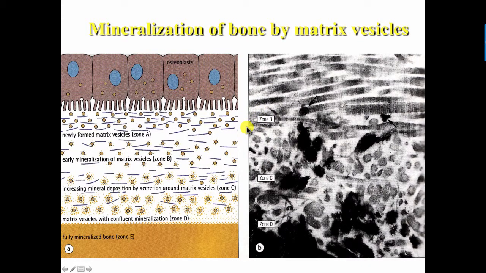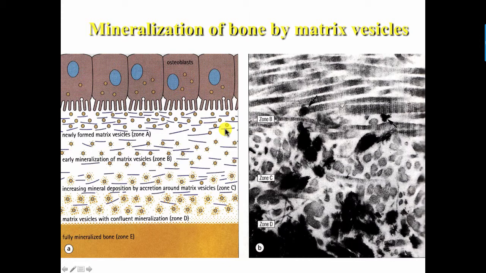Mineralization, or calcification is another word for it, involves the formation within the matrix of crystallites of hydroxyapatite, and you don't need to remember that complex formula of hydroxyapatite. The osteoblasts are responsible for mineralizing the osteoid, and they secrete these matrix vesicles, which contain alkaline phosphatase and other enzymes and are loaded with calcium and phosphate ions.